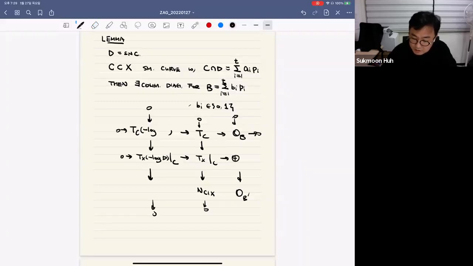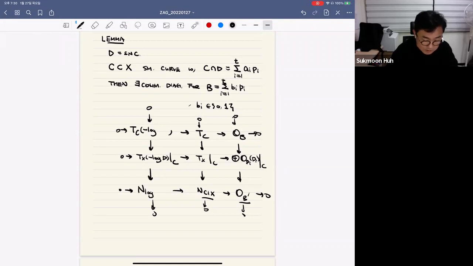This will be the sum of O_{D_i} restricted to C, right? So this is simply C intersected with D, and then we take B, so B prime is the residue of B inside the C intersection with D, and then we have something as the kernel for the surjection from the normal bundle to O_B prime, and that kernel we denote by log D with respect to B.